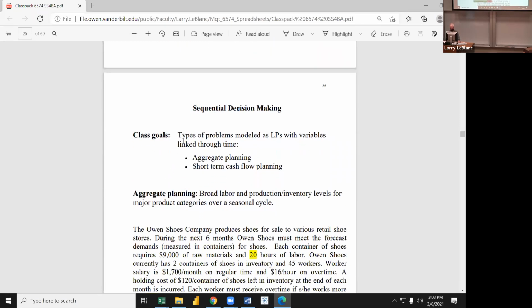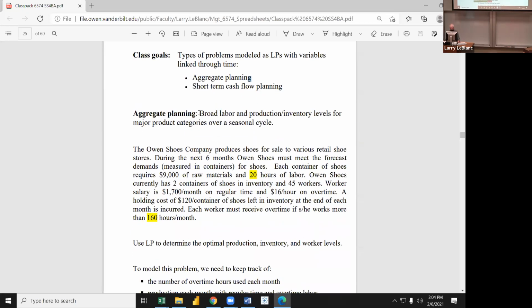I want to show you the types of problems that can be modeled as linear programs with changing cells linked through time. Aggregate planning, short-term cash flow planning. Aggregate planning, perhaps you learned a little about that in core operations. Broad aggregate labor and production inventory levels for major product categories over a season.